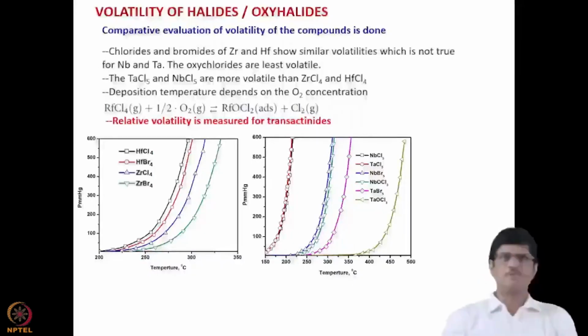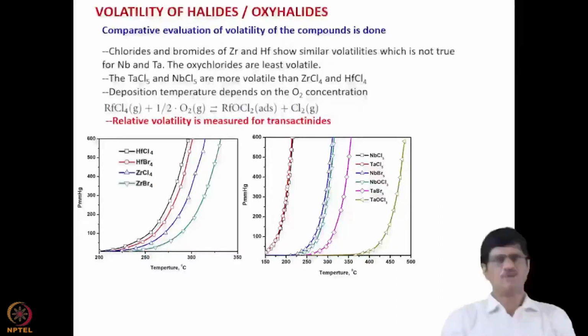For example, to study the gas phase chemistry of rutherfordium, element 104, we need to study the volatility of rutherfordium chloro compounds or bromo compounds, that is RfCl4, which is a volatile compound, and compare it with zirconium chloride or hafnium chloride, that is ZrCl4 or HfCl4.